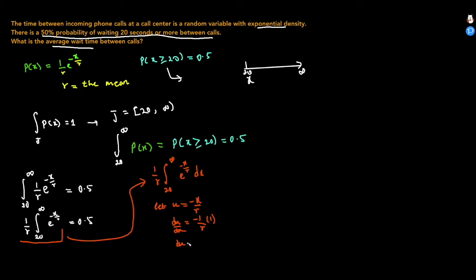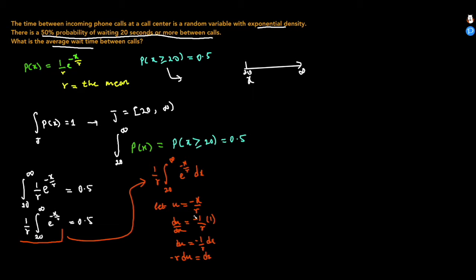Let's move these things around, so du equals minus 1 over r dx, and then multiply both sides by minus 1 and then an r, so we get minus r du equals dx.